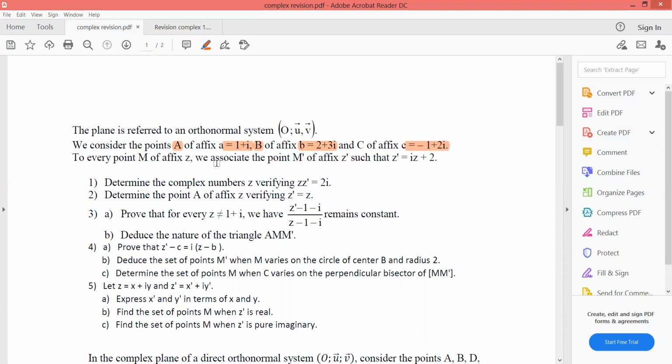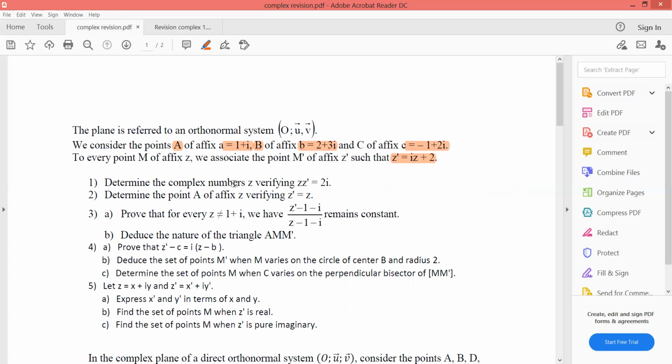To every point M of affix z, we have a point M prime, z prime equal iz plus 2. So we have 4 or 5 points: A, B, C, M, and M prime.